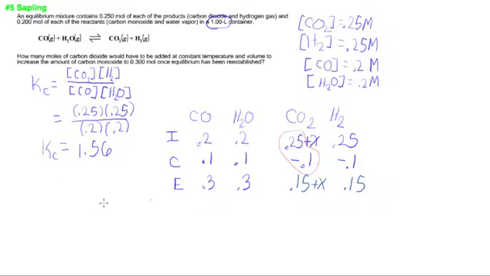So now I use my KC. 1.56 equals the concentrations that I'm given here.